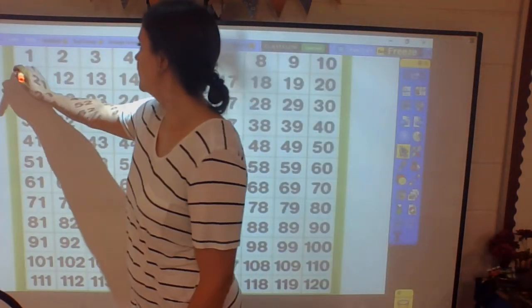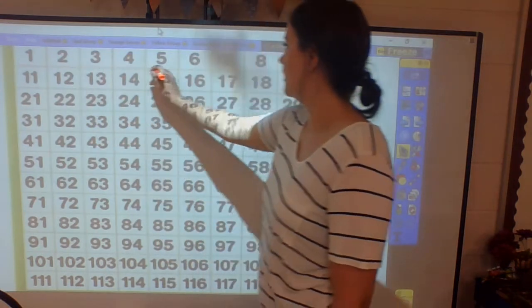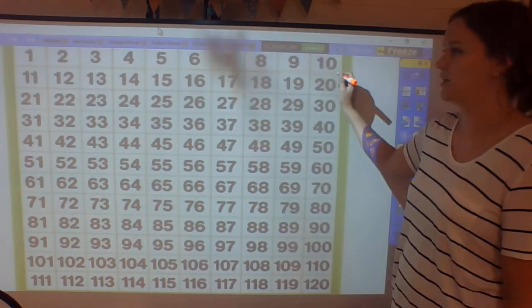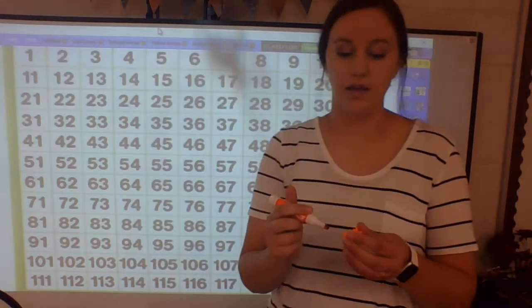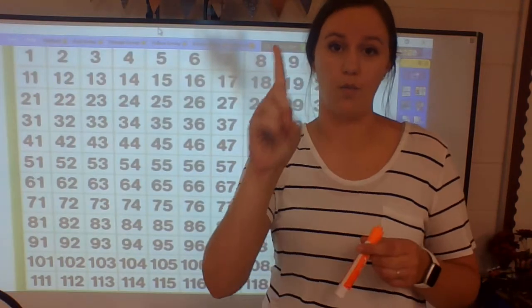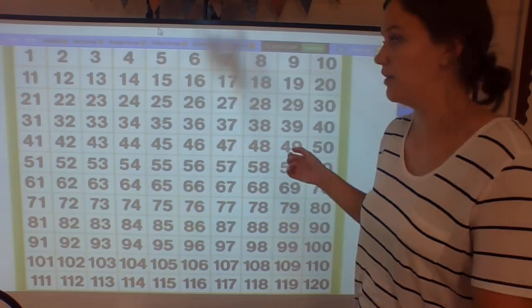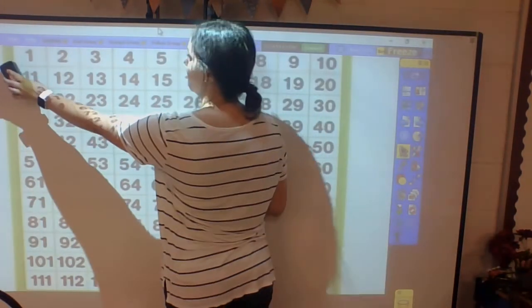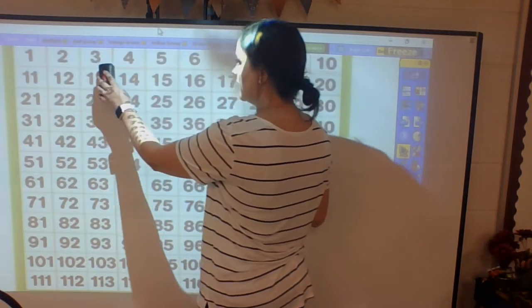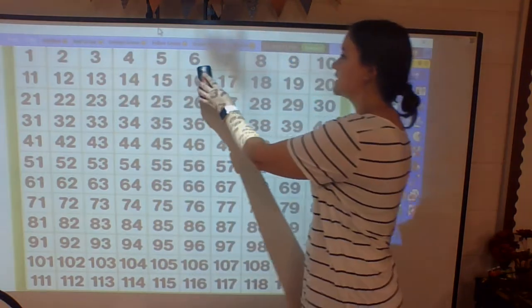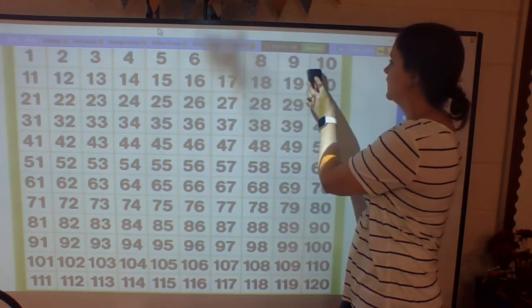So let's look at this first row. It goes all the way from 1 to 10. And in rows, you count by ones. When you're going from left to right and you're going across, you're counting by ones. So we would count 1, 2, 3, 4, 5, 6, 7, 8, 9, 10.